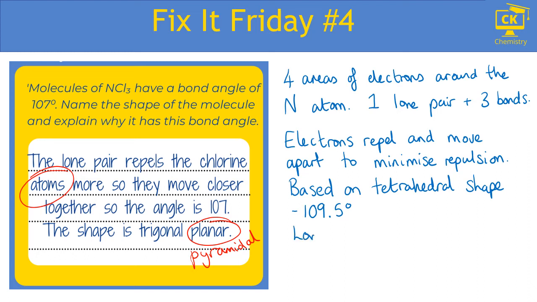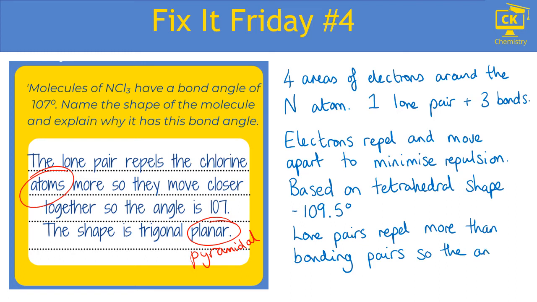So now we can say that lone pairs repel more than bonded pairs because of the extra electron density in a lone pair, because it's not being shared with another atom. So lone pairs repel more than bonding pairs, so the angle is reduced to 107 degrees and a trigonal pyramidal shape.